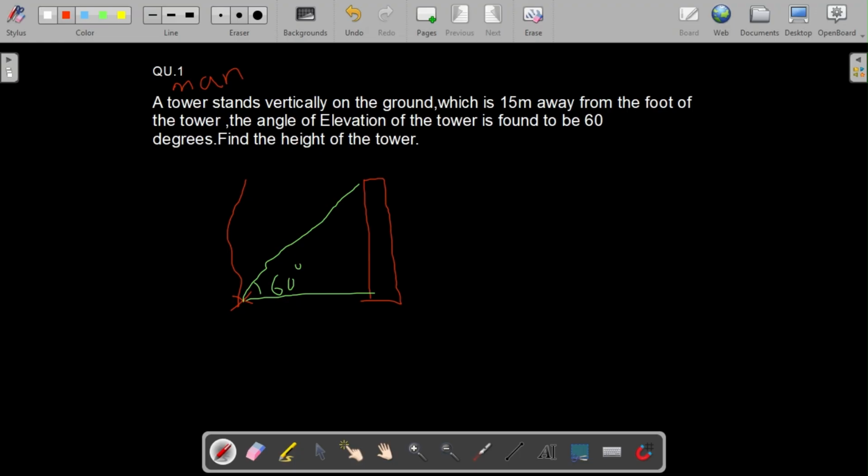This is the man standing, which is 15 meters away from the foot of the tower. A man stands vertically on the ground, which is 50 meters away from the foot of a tower. I can even see this as a tower, and I can even reverse it. It's not a problem. The major thing is just to get the idea behind the question.